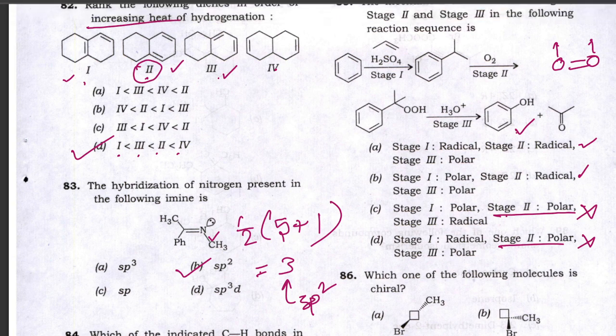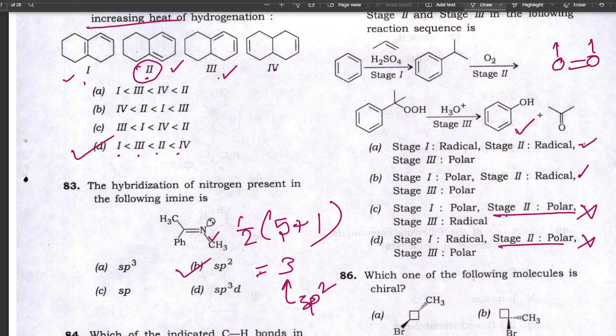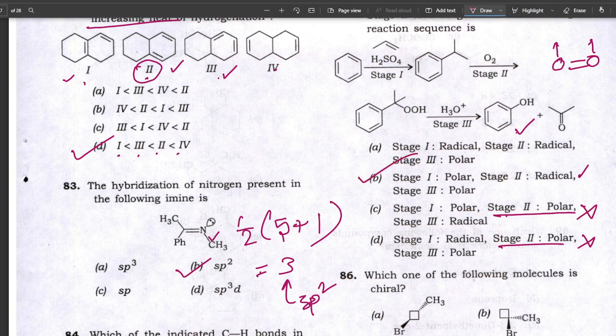Now among these, you can also see that H3O plus is added in the last stage, so that will be polar. But stage 1 is radical for option A, and this is not the case here. H2SO4 does not lead to radical formation, so that is also polar. So here option B is the correct one.